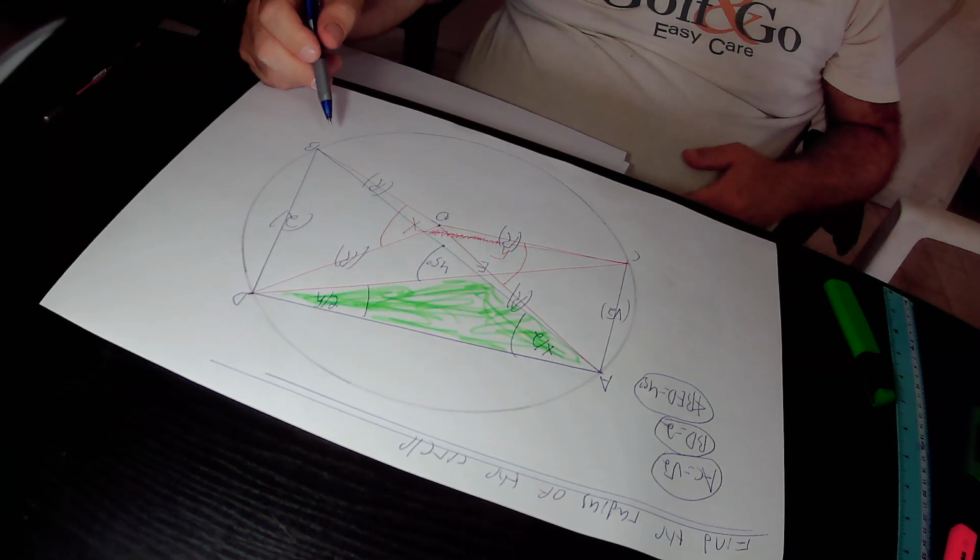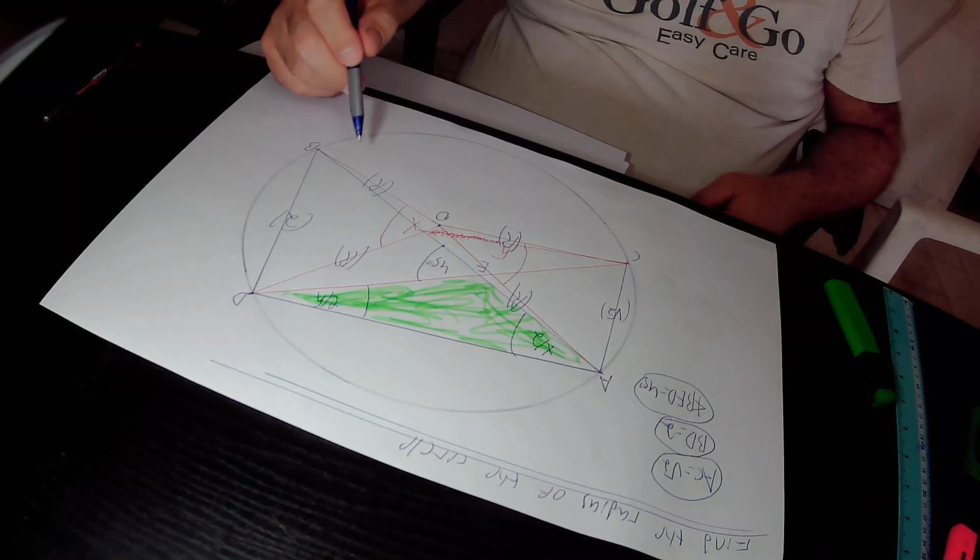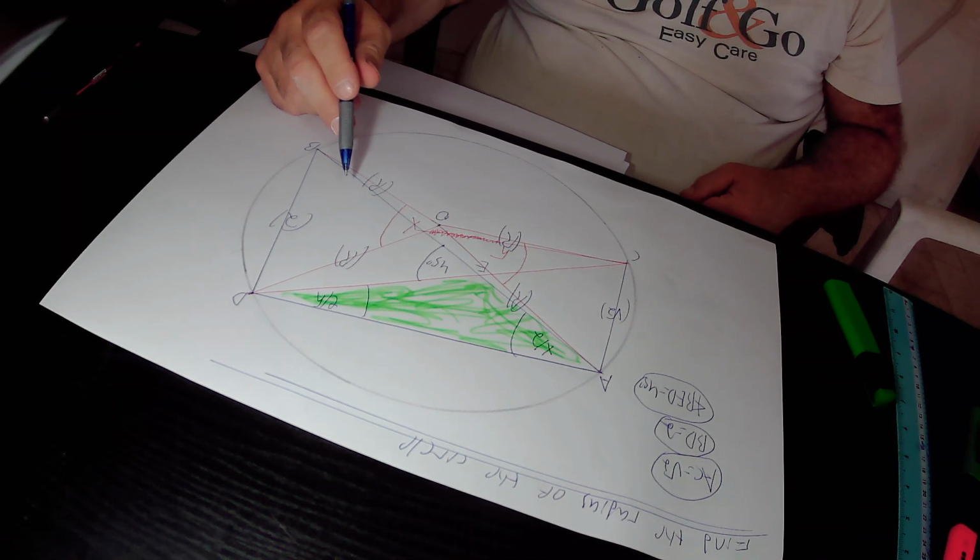In the next step, I'll copy triangle OBD onto a new page, and we'll implement the law of cosines in this triangle.